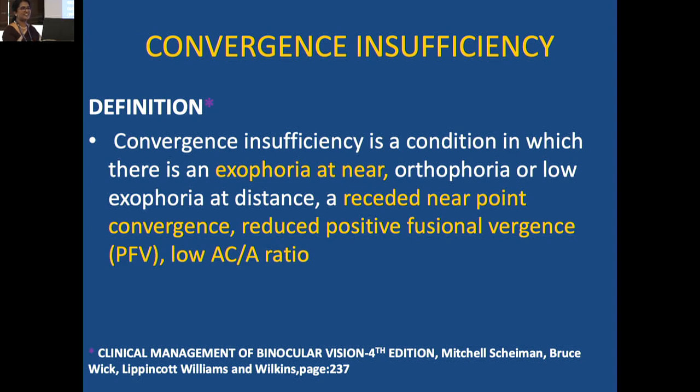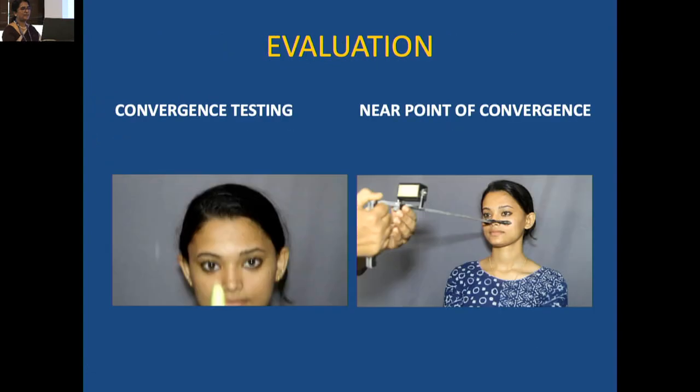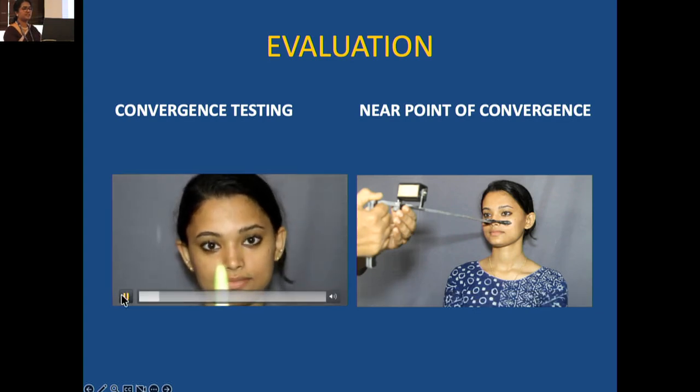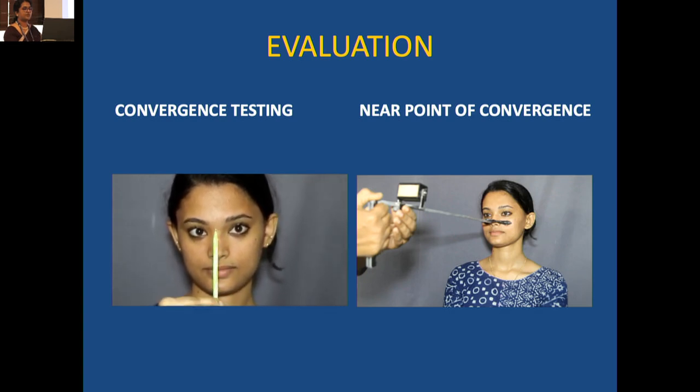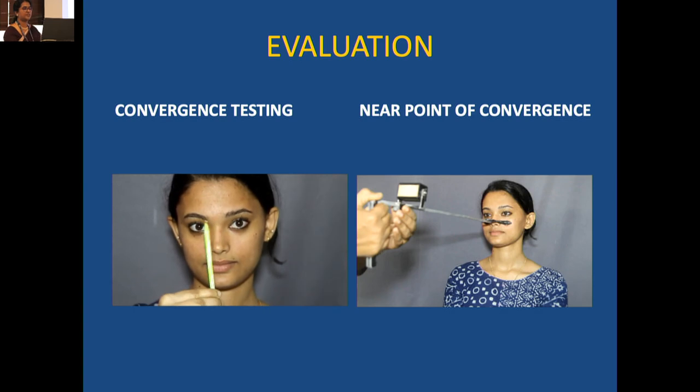This might sound very technical, but in the OPD also we can use some very crude tests, like we are testing the convergence in this young girl. As the pen comes close to the nose, at this point you can see that one eye deviates outwards.